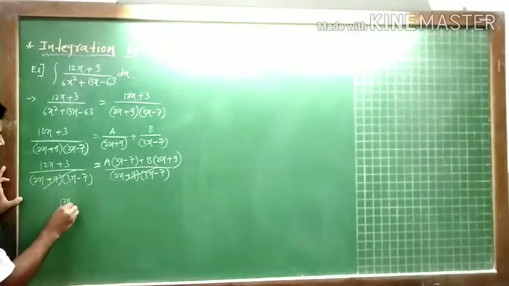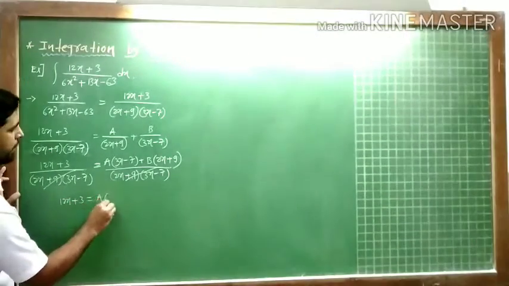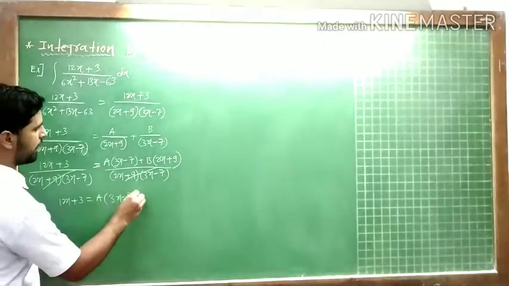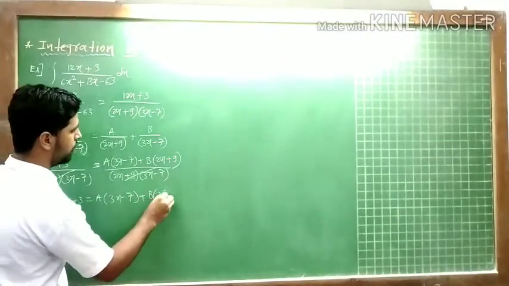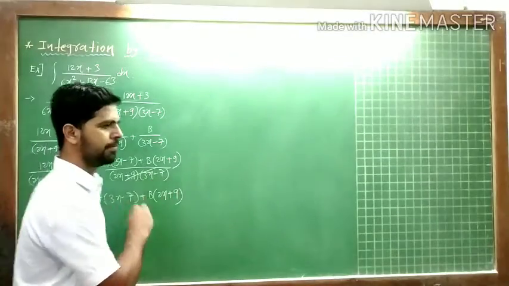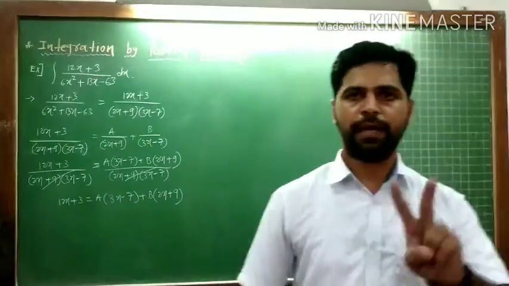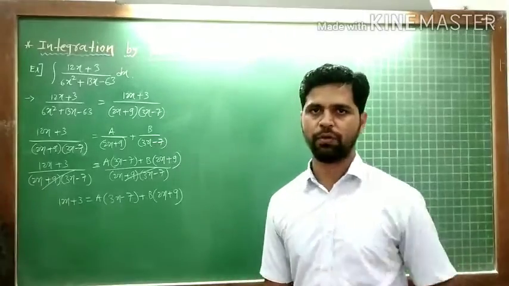So we get 12x + 3 is equal to A into (3x − 7) plus B into (2x + 9). Now we know there are two factors, so obviously we will get two values of x also.